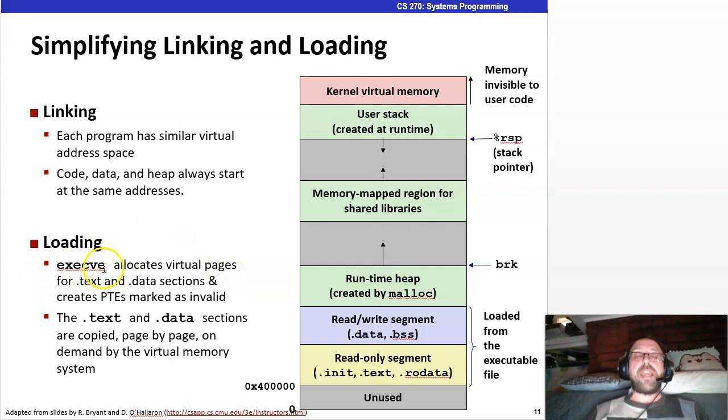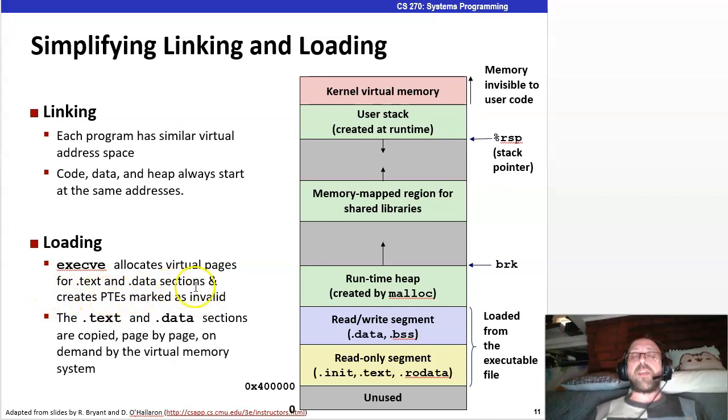So execve, that's the system call that executes a new process. We'll see much more about that in a later class. It allocates the virtual pages that a process needs based on reading the information in the headers and the section table in its ELF executable. And then it can load those from disk, from the executable file, into the appropriate region of memory, and it creates page table entries.